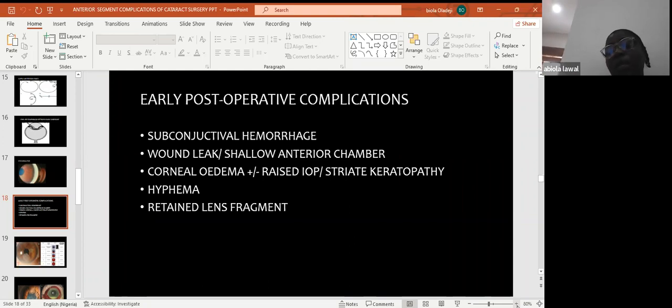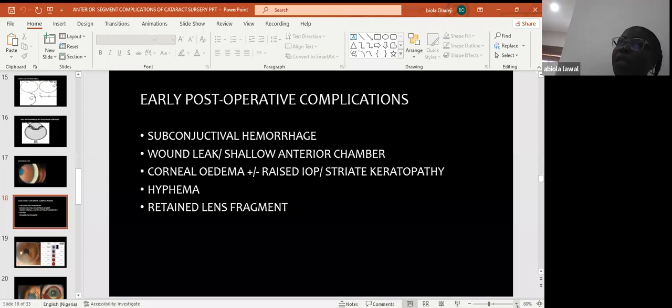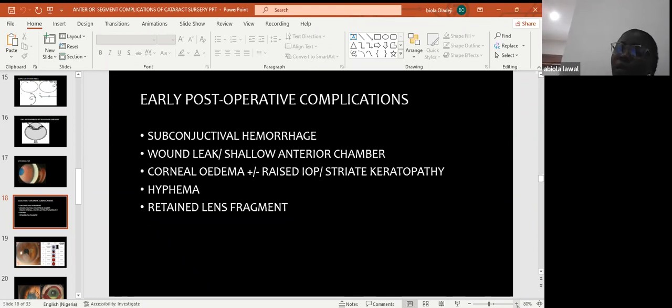Striate keratopathy, the mechanism is also similar, from instrumentation. Also, when your AC shallows a lot, when you find it difficult to maintain your anterior chamber while doing irrigation and aspiration, the repetitive flattening and reforming of the AC can cause it. Also, while expelling the nucleus, if the cornea is not well coated with viscoelastic, it can predispose to this.